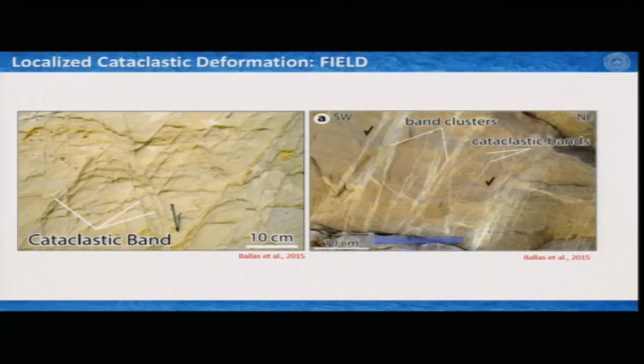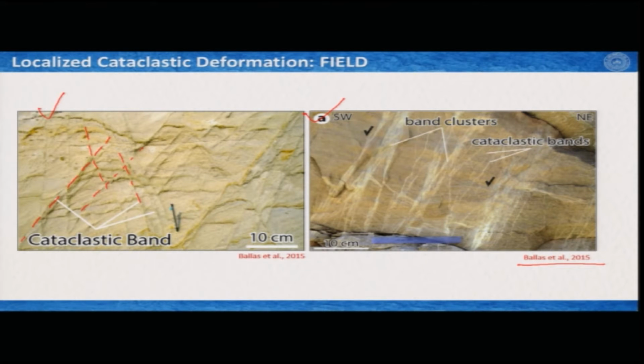In both examples, this one and this one, the host rock or the country rock is sandstone. This I have taken from a very recent publication from Ballas, 2015. What we see here, we have learned the conjugate shear fractures, if you remember. So, we see two sets of conjugate shear fractures, and these are known as compaction or cataclastic bands.